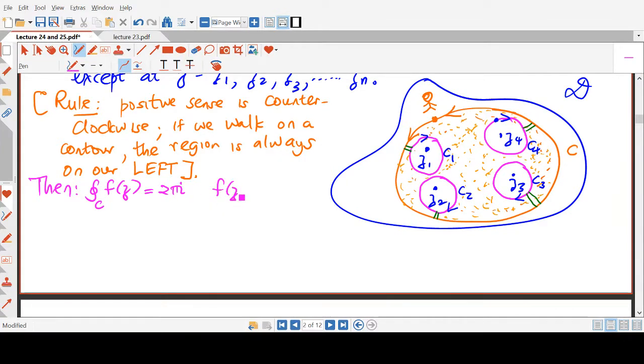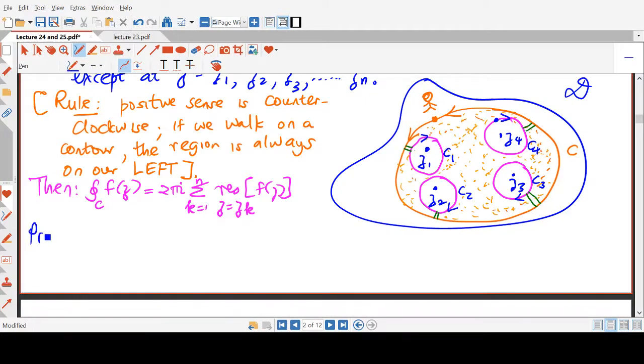No, hang on, I should write this as the residue of f of z at every zk, where k goes from 1 up to some number n. In this case, n is 4. That's the residue theorem.